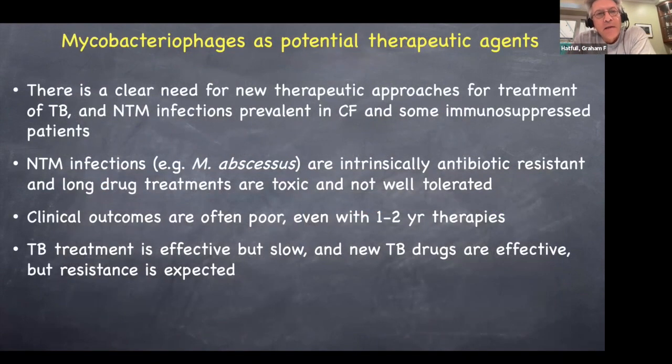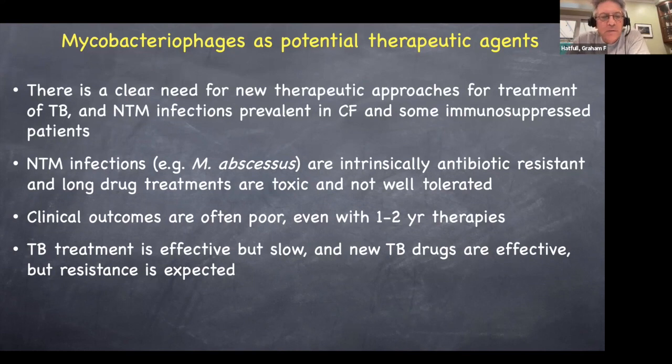So we've learned a lot about the mycobacteriophages, but had never really considered them in any serious sense for their therapeutic potential, although the mycobacterial infections are clearly challenging clinically, very challenging, and there's a clear need for new therapeutic approaches. And so phages offer some potential hope for that. Infections with non-tuberculous mycobacteria, like Mycobacterium abscessus, which is the one I'll focus on, are especially challenging.